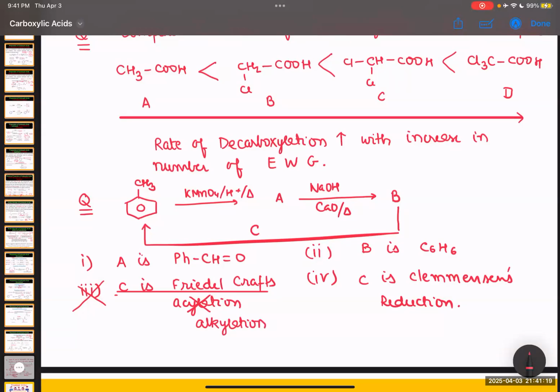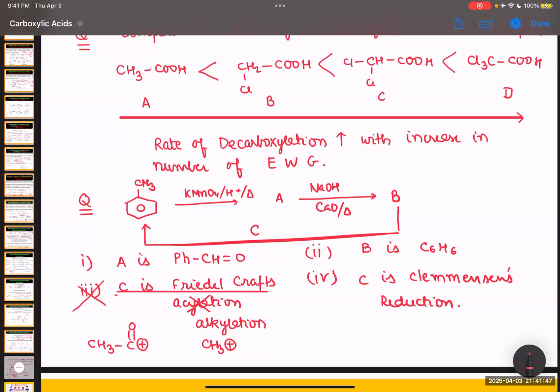What are you attaching, COCH3, or are you attaching CH3+ to the benzene? Both are Friedel-Crafts, that is true.